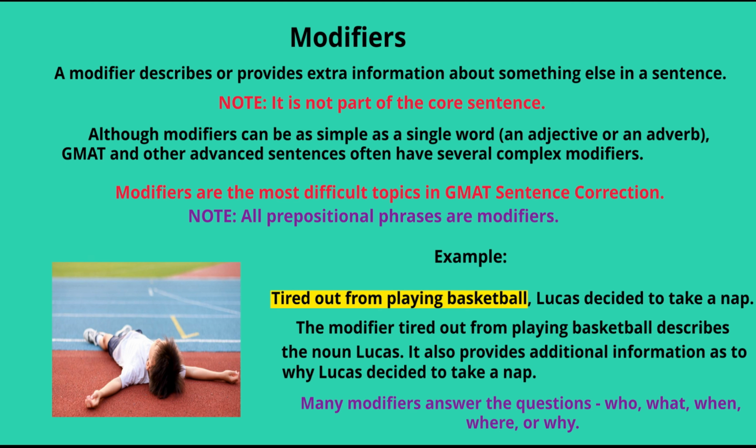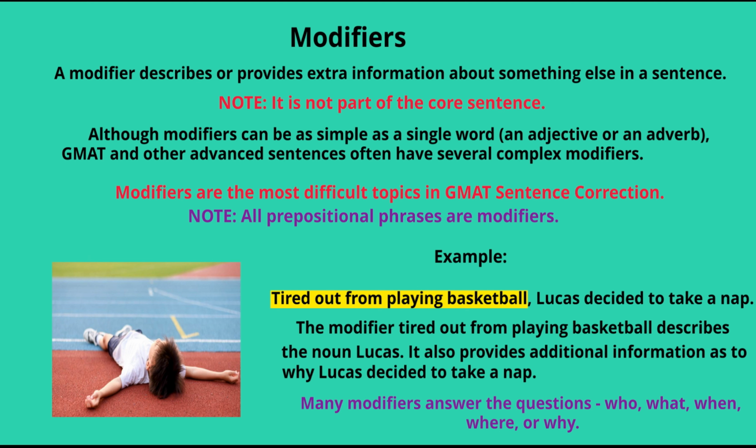Let's see an example. In the image, you can see a boy lying down. Tired out from playing basketball, Lucas decided to take a nap. The modifier tired out from playing basketball describes the noun. So, what is the noun here? Lucas, right? The boy, Lucas. So, this modifier is describing the noun Lucas.